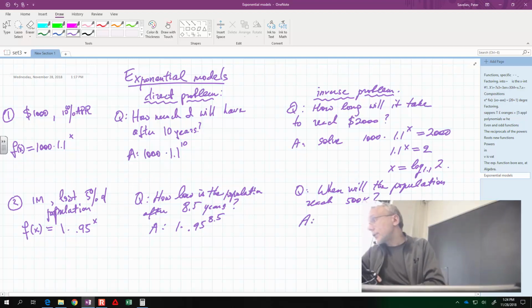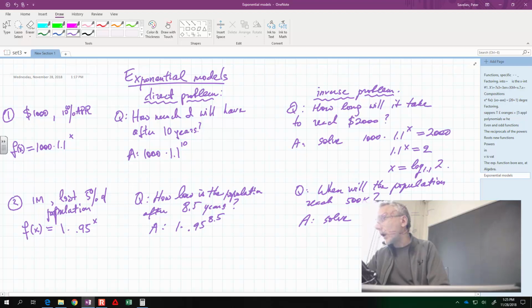And the answer, once again, solve our equation. We have 0.95 to the power of x is equal to 0.5, if we're doing everything in the millions. And so the solution is, we know once again, to what power do we raise 0.95 to get 0.5. And the answer is a logarithm.